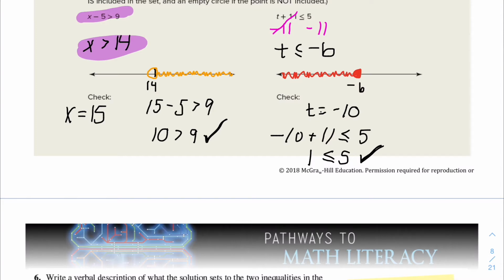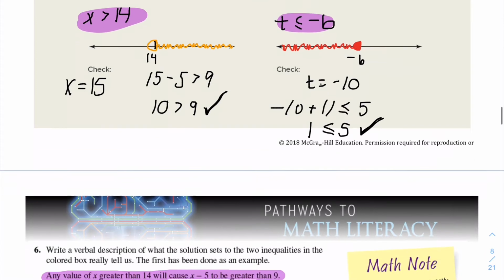So if we try to do this for the second example, any value of t less than or equal to negative 6 will cause this expression to be less than or equal to 5.